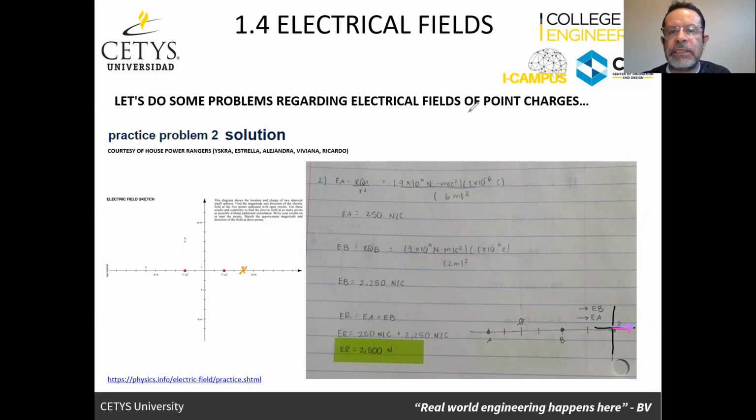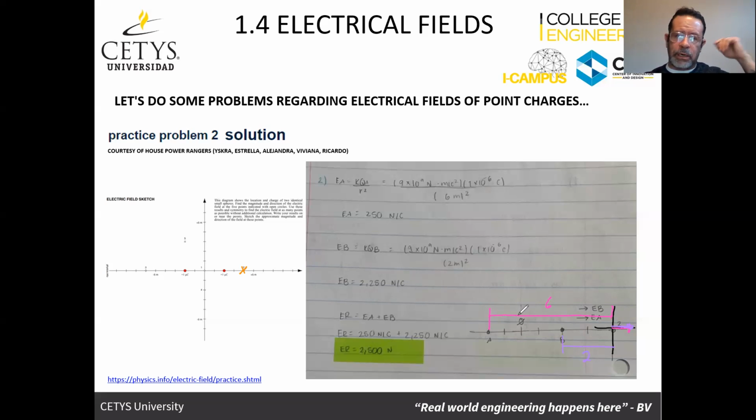In this case, each of the situations is going to have a different distance. So for EA, we're going to have this distance from here to here, which is 1, 2, 3, 4, 5, 6 meters or units. And for EB, we're going to have this distance here, which is 2. Now, this is important because that means that the electrical fields are going to be different. That makes sense.